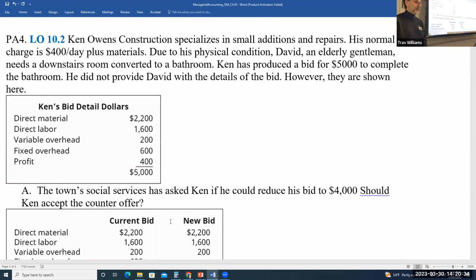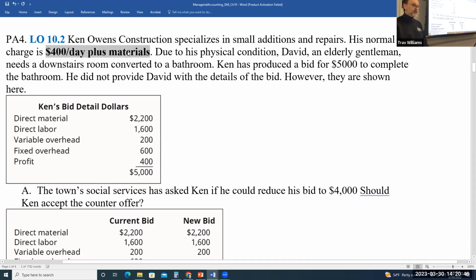Okay, here we have a small construction company. They normally charge $400 a day plus materials. Their client needs a room converted into a bathroom, and the company produced a bid for $5,000 for the work.